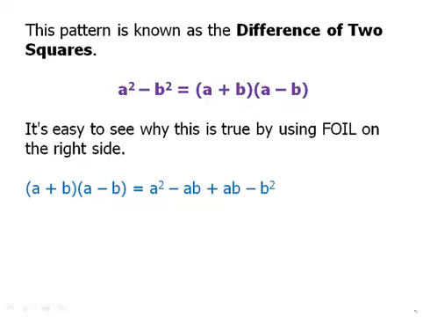Now, miraculously, those two cross terms, negative ab and positive ab, cancel. And so we're just left with a squared minus b squared. So this is an extremely elegant pattern, and this is precisely why the test is absolutely in love with this pattern.